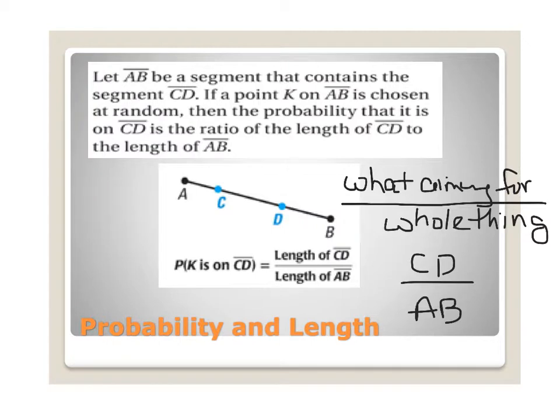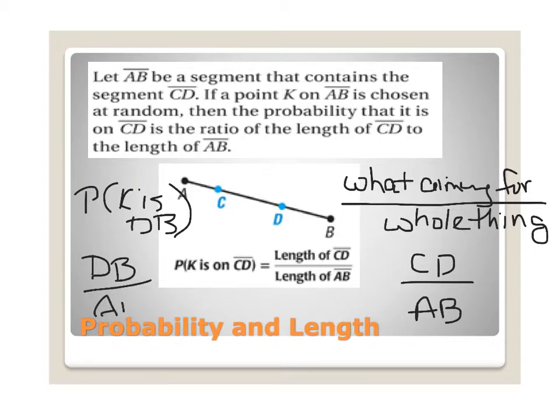If I said, what is the probability that K is on DB, then you would do the length of DB over AB.